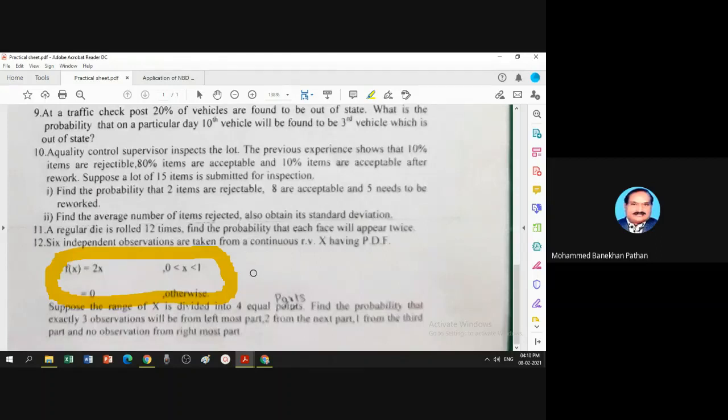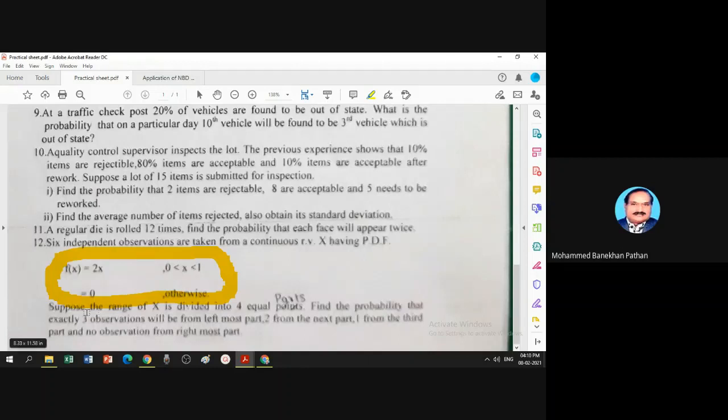What does the question say? From this PDF, we made 6 observations. That means from the interval 0 to 1, we draw 6 values.